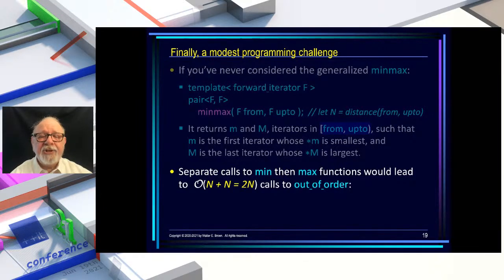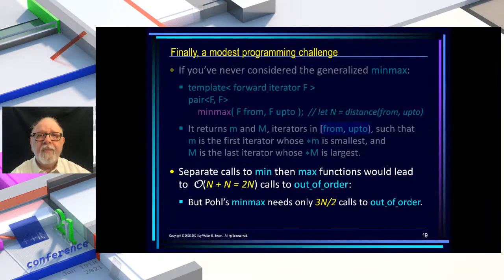But again, in case you are not familiar with this algorithm, there is a version of this algorithm which has been credited to Ira Pohl, which can give us a 25% performance improvement in number of calls to out of order. So if you've not seen it before, I recommend that you give this some thought, see if you can come up with it on your own.